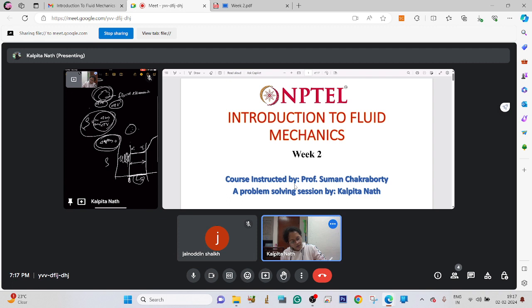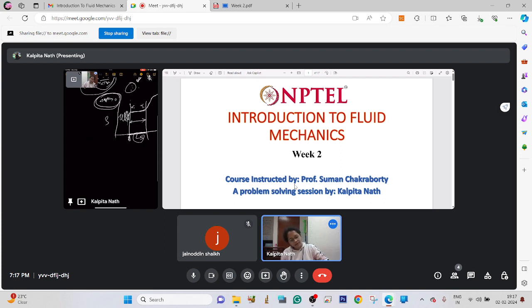Sir taught in the class that we will represent volume like this, because velocity is also represented by V. So that we don't get confused between both of them, we are using this symbol for volume.